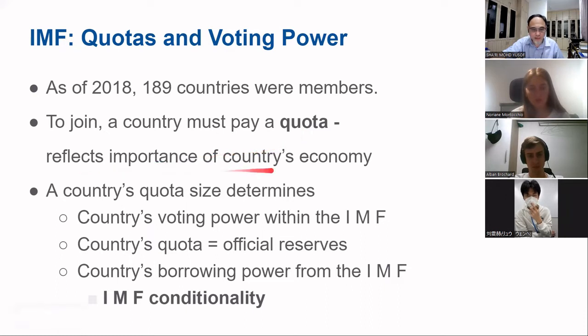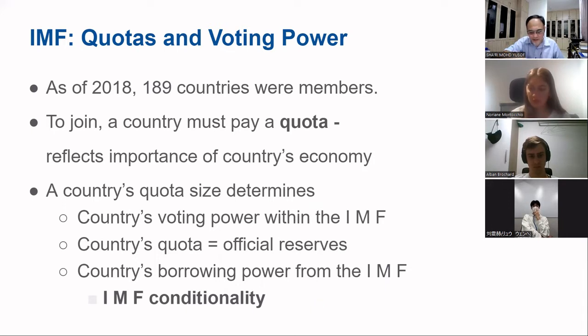It reflects the importance of a country's economy, and it will determine the voting power within the IMF. And what countries' quota is actually their official reserves. We'll discuss it in the balance of payments section afterwards. And countries' borrowing power. So the quota will also determine the borrowing power from the IMF.